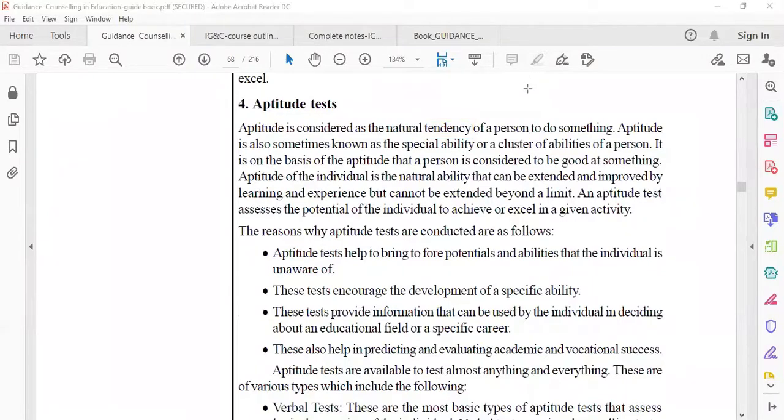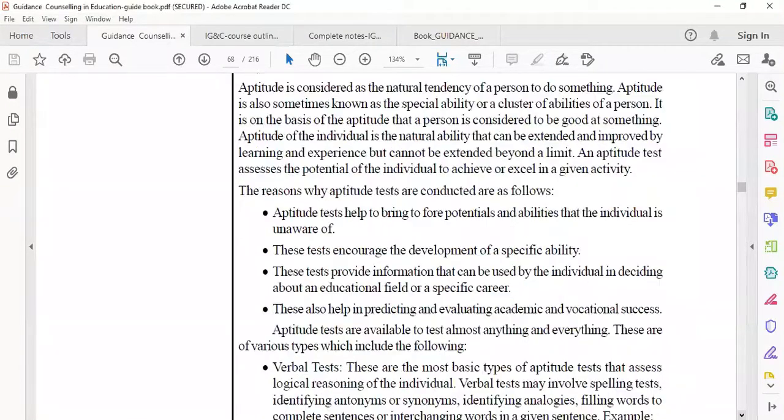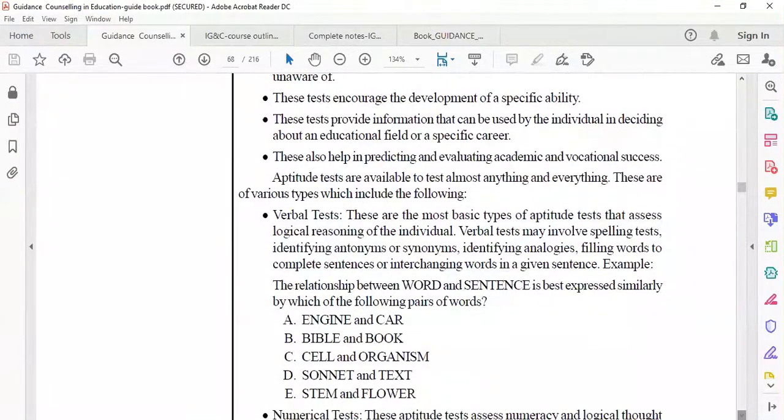Those students who have aptitude in a particular field are given admission, and those who haven't any aptitude in that field are denied admission.